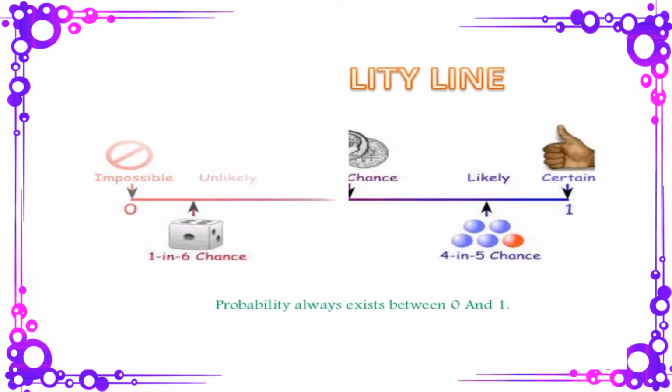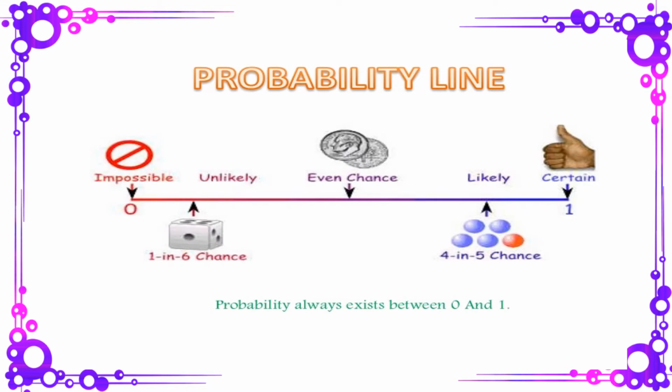To continue our discussion, here is our probability line, wherein you can see here that the probability always exists between 0 and 1. So 0 indicates impossible or might not happen.